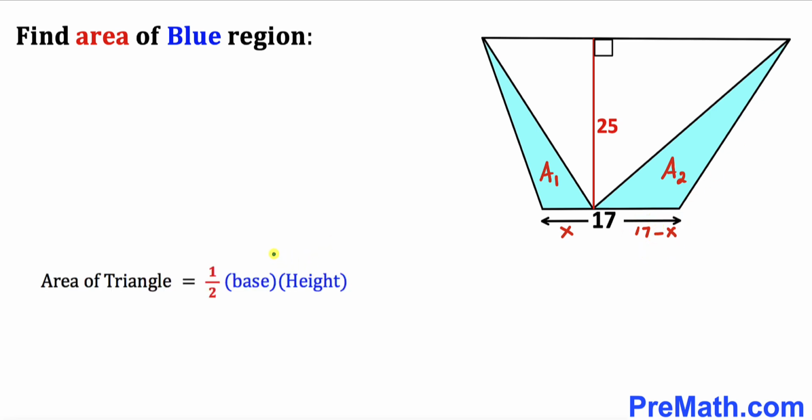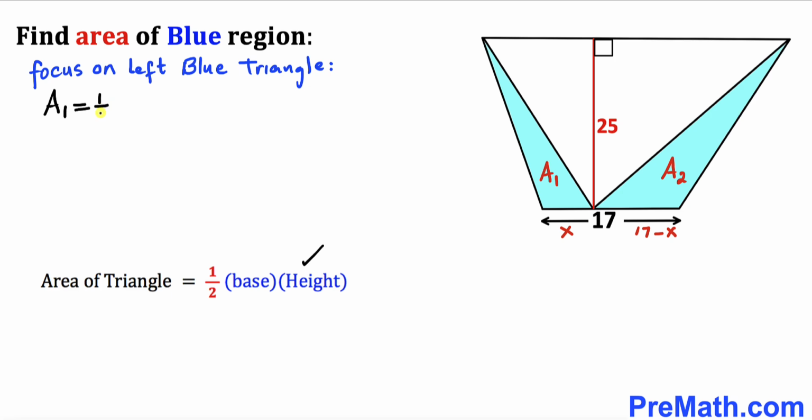Now let's recall the area of a triangle formula. Area equals a half times base times height. Now let's focus on this left hand side blue shaded triangle whose area is denoted by A sub 1. So we are going to use this formula. Our area A sub 1 is going to be a half times our base, which is x, and our height is 25.